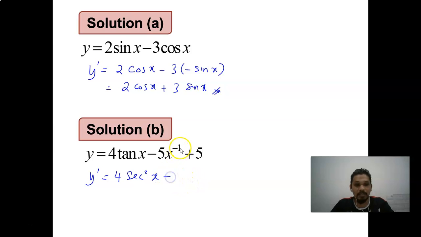Then minus 5 x to the power of negative 1, differentiating gives negative x to the power of negative 2, and the derivative of 5 is 0. So 4 secant squared x plus, negative times negative is positive, 5x to the power of negative 2, which is 5 over x squared.